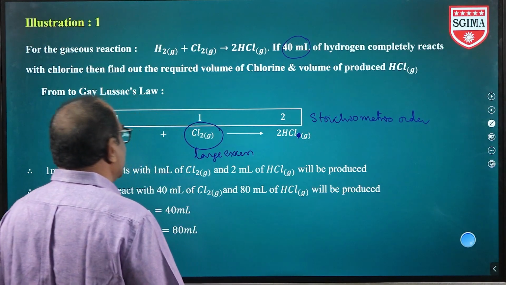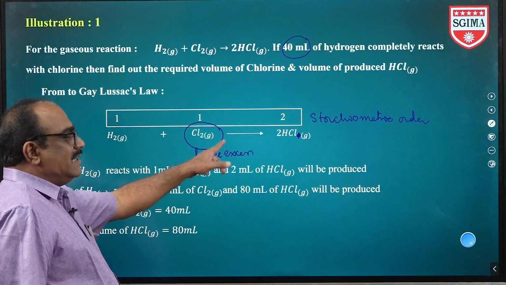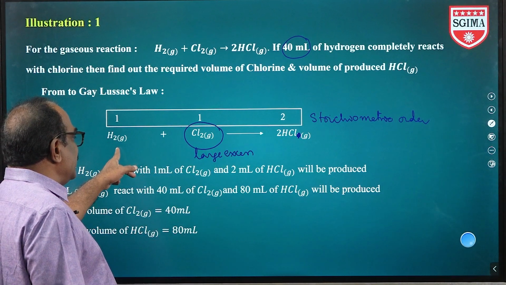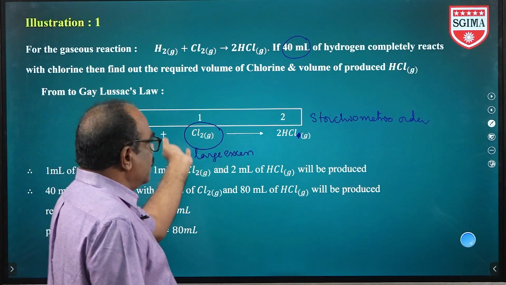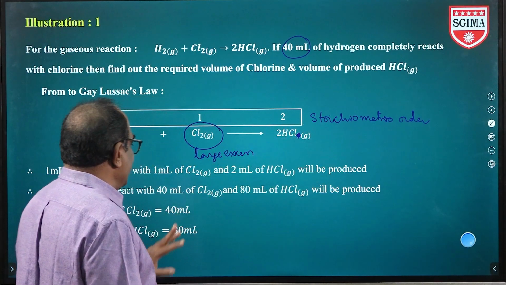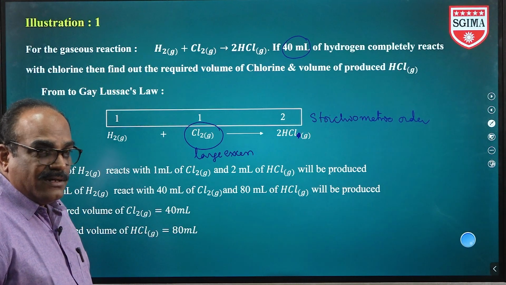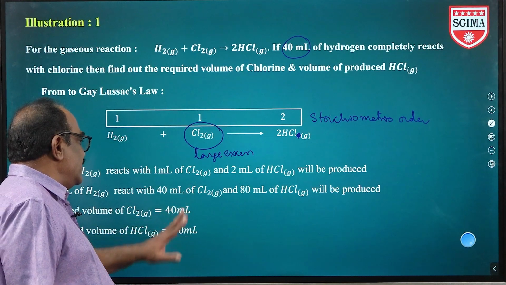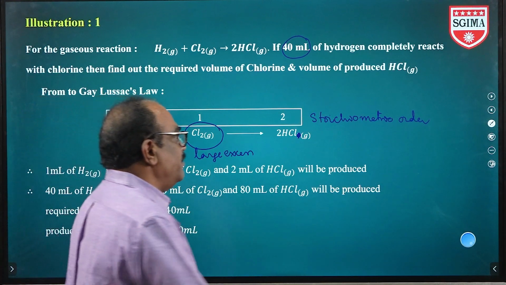Based on that, I propose a relation: 1 ml combined with 1 ml producing 2 ml. Suppose instead I am taking 40 ml of hydrogen, it should combine with 40 ml of chlorine to produce double the quantity, because it is 1:1:2. So, 80 ml of HCl will be produced. So, for the complete reaction, volume of chlorine required will be 40 ml and produced volume of HCl will be equal to 80 ml.